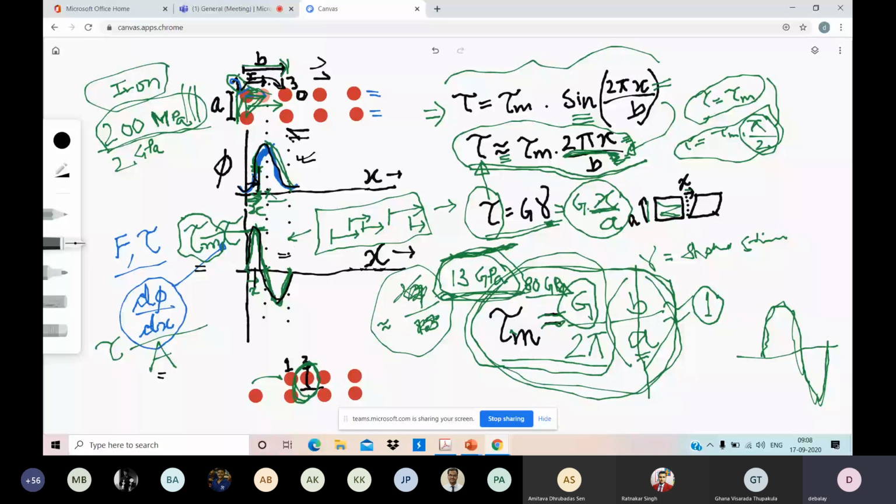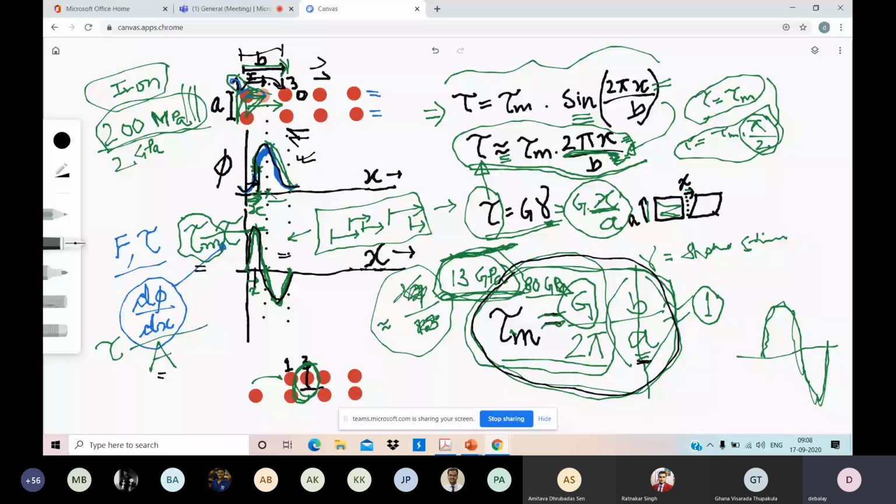And the final derivation we have come to, maximum stress required is G by 2 pi times B by A, where G is the shear modulus, B is the interatomic distance between two neighboring atoms on a plane, and A is the interplanar spacing of the slip planes. So these are for the slip planes.